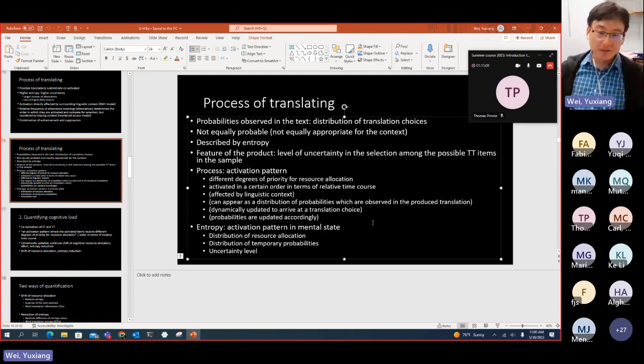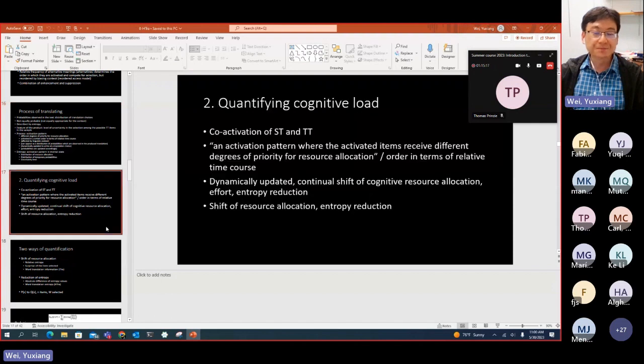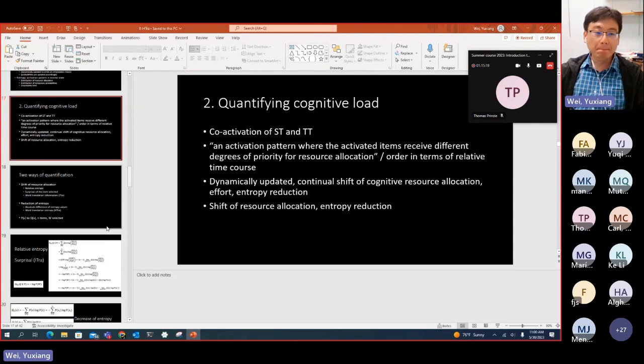So that's about entropy in the translation process, which concludes my first part of the lecture. And the second part of my talk has to do with quantification of cognitive load.